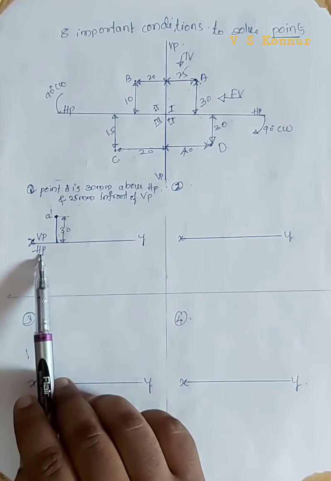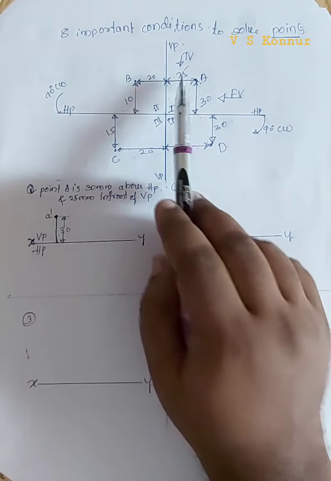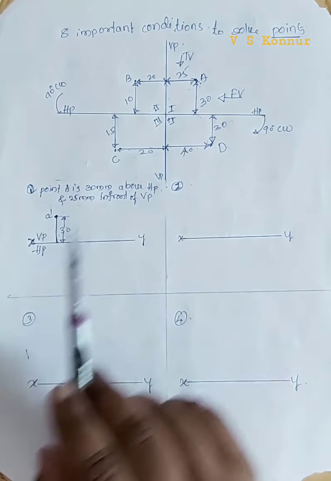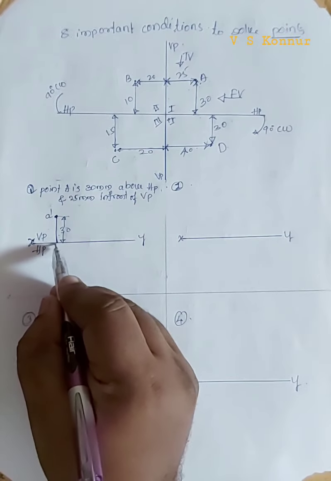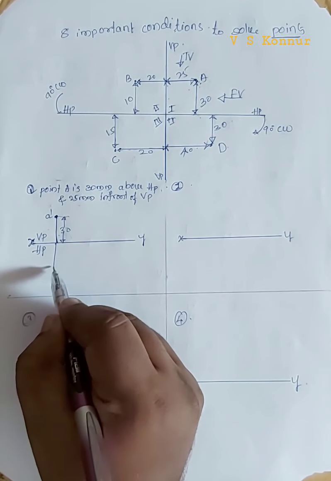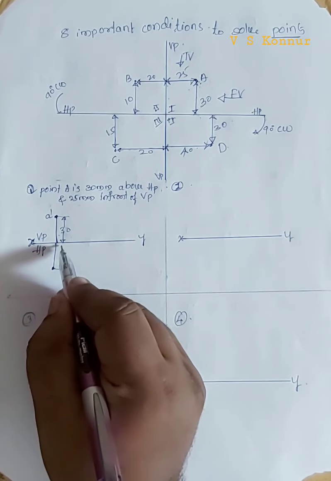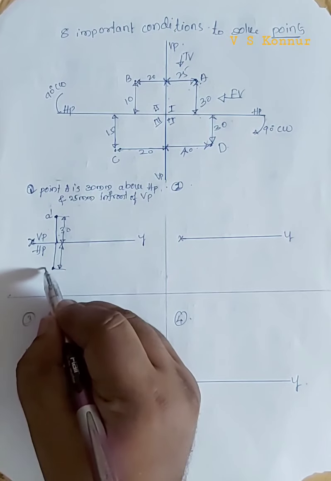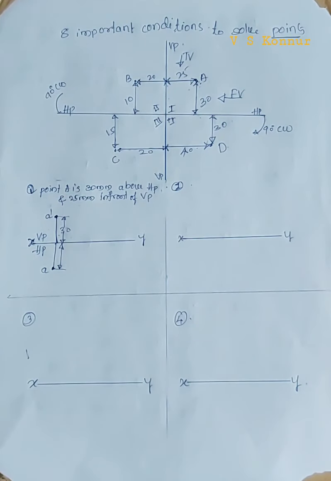Take the distance of 25 mm here with a thin line, and mark the point, given by small a. The front view is indicated by a small letter with a dash. The top view is indicated by a small letter without a dash, and this distance is 25. This is the first quadrant.